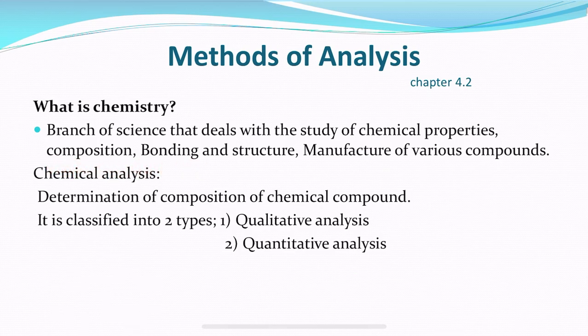And also bonding, how the chemical bond has been formed, how the interaction between the elements is observed, and also the structure, whether it has a pyramidal structure or tetragonal structure, or how the structure appears to be.